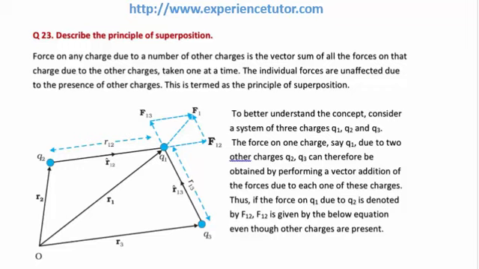Thus, if the force on Q1 due to Q2 is denoted by F12, it is given by the following equation, even though other charges are present.